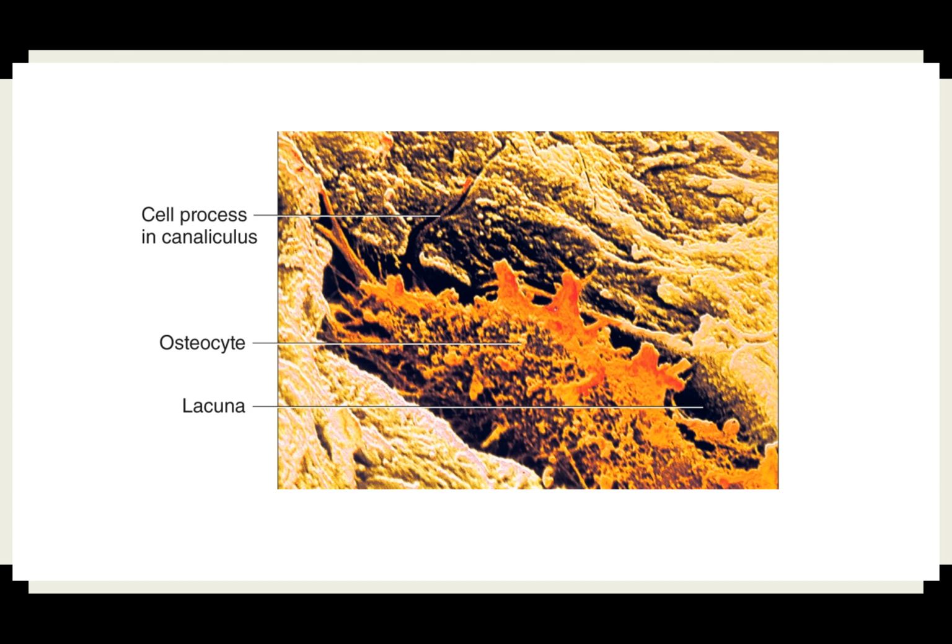If you look at the little cavity that it's in, it is called the lacuna. And on the walls of the lacuna, you see the canaliculi. That is where the cell processes take place, where the nutrients are diffused and where they exchange nutrients and waste.